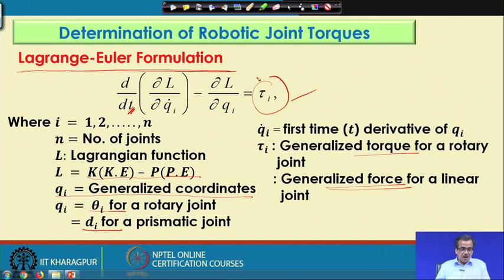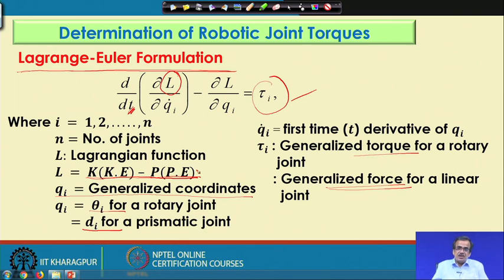Now, let us see how to determine the mathematical expression for this tau. The first thing we will have to do is find out the expression for the Lagrangian, which, once again, is the difference between the kinetic energy and the potential energy.